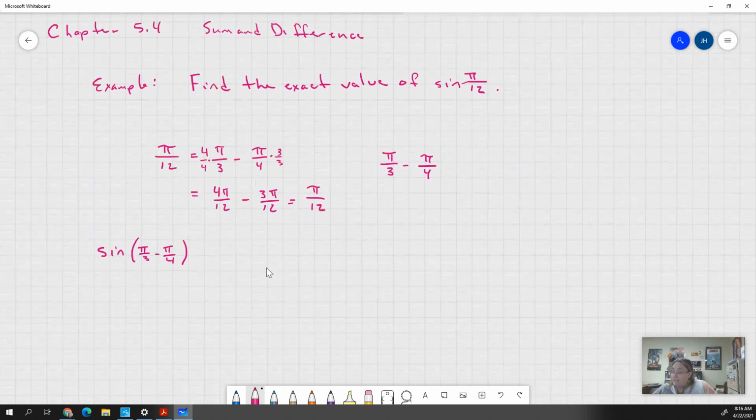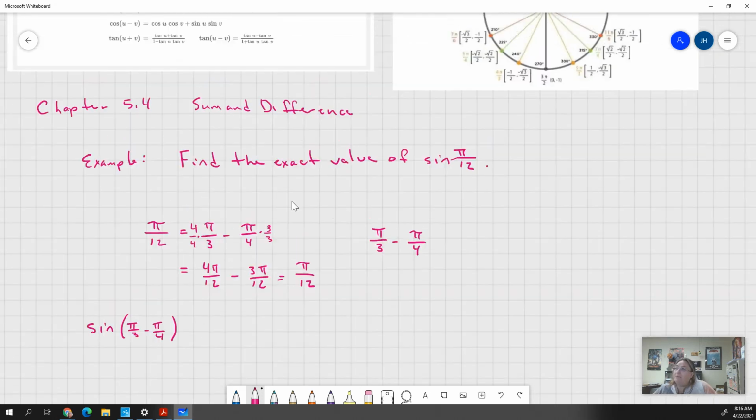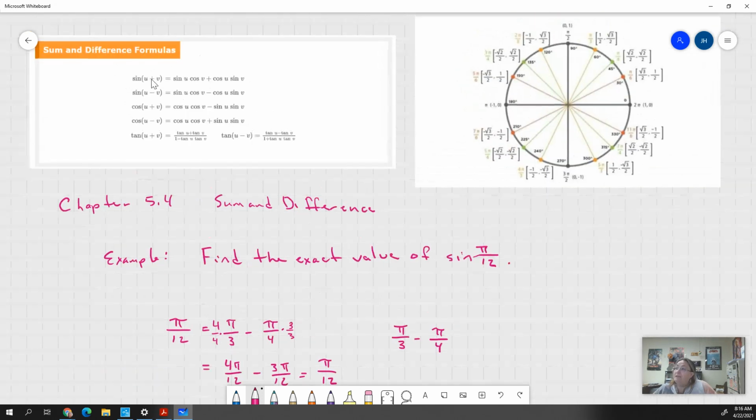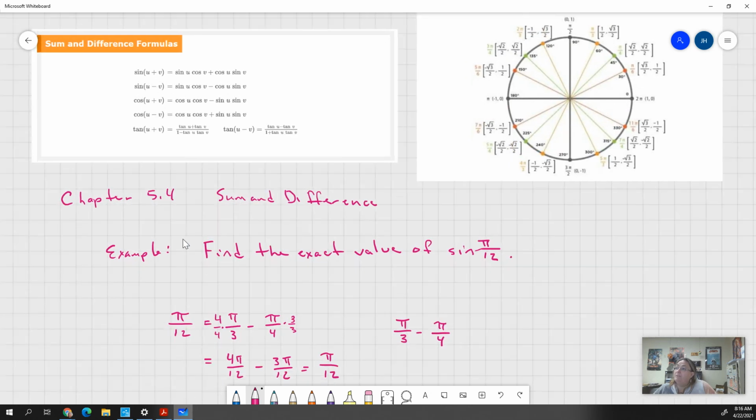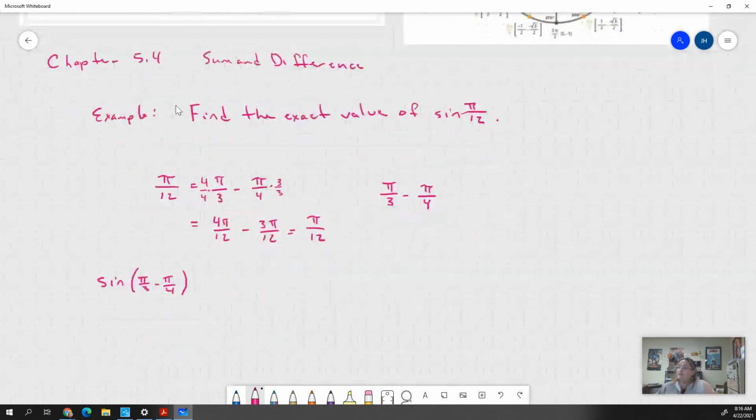So I need to go and get the formula now for sine of u minus sine of v, right? I have sine of something minus sine of something else. And right here, I can see that it equals sine u times cosine of v minus cosine of u sine of v, right?